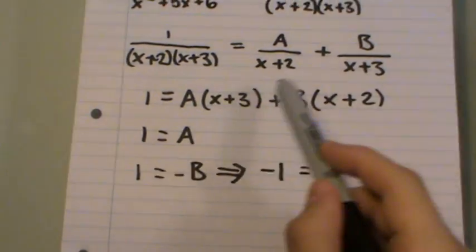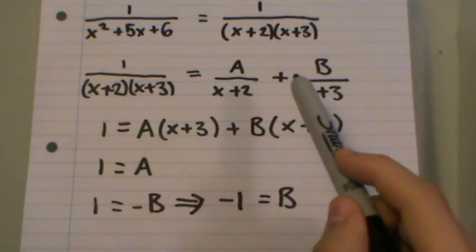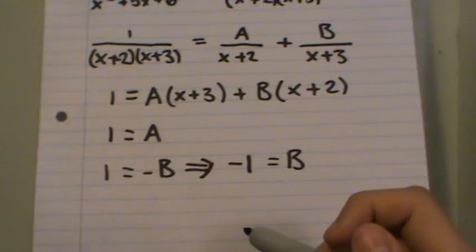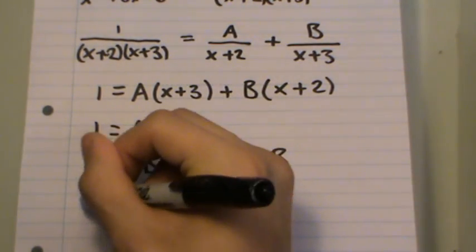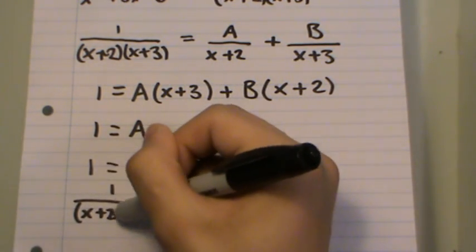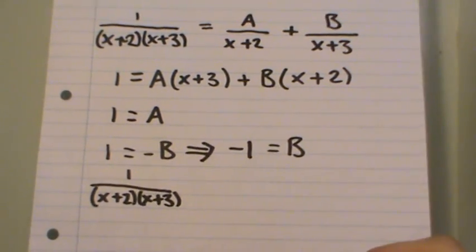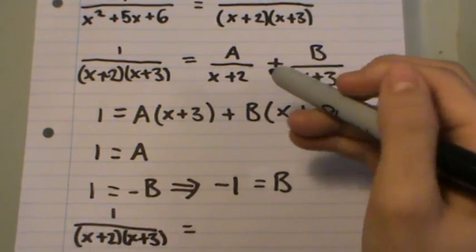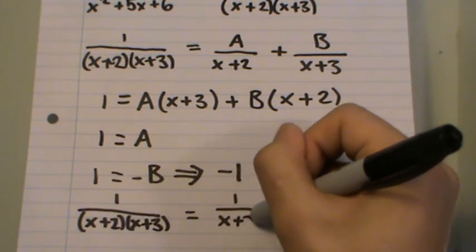Now that we found the coefficients that we needed for the partial fractions, we go ahead and write them in. So 1 all over (x + 2)(x + 3), like that, is equal to, well, now that we know what A is, which is 1, we can just write 1 over (x + 2).